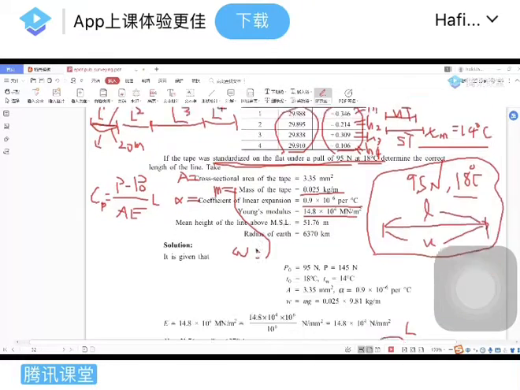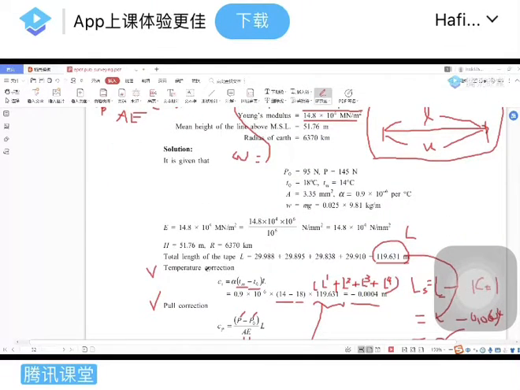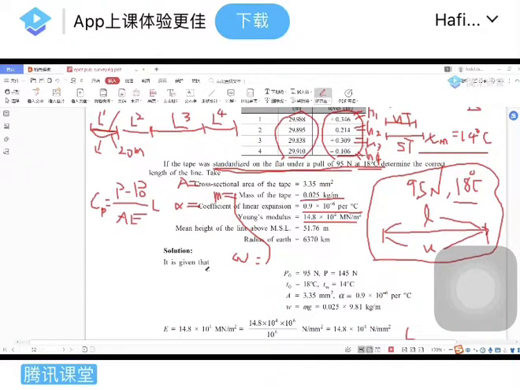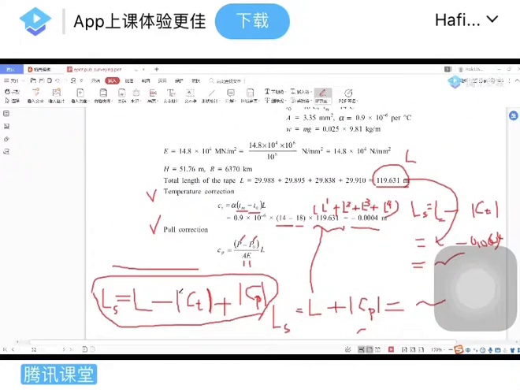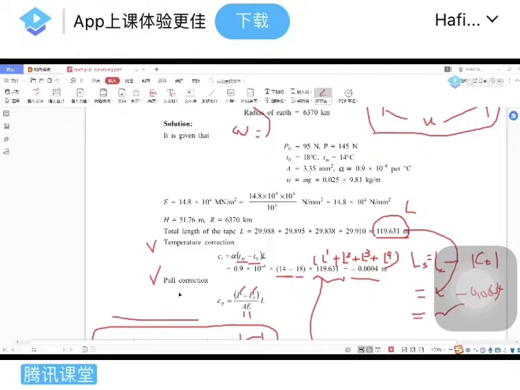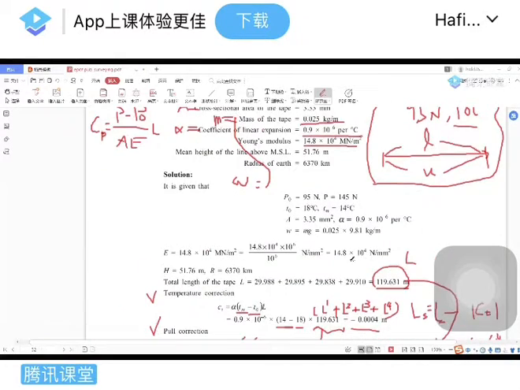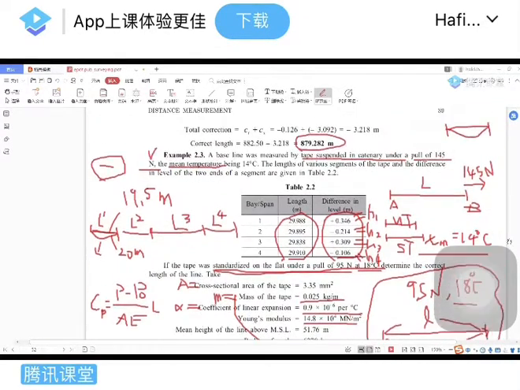First off, we do all this bit. We do the temperature correction and also the pull correction. But I'll change the numbers, otherwise you would probably just copy everything.